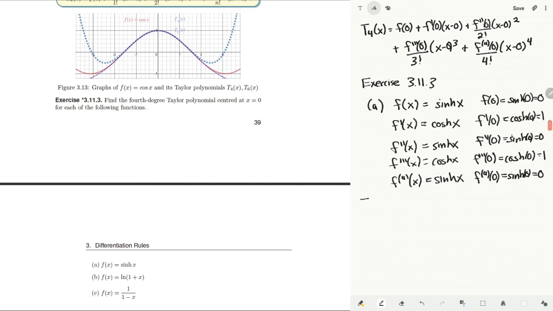So now we can find the fourth degree Taylor polynomial. So we have 0 plus 1 times x plus 0 over 2 times x squared plus 1 over 3 factorial, which is 6, times x cubed, plus 0 over 4 factorial, which is 24, times x to the 4.